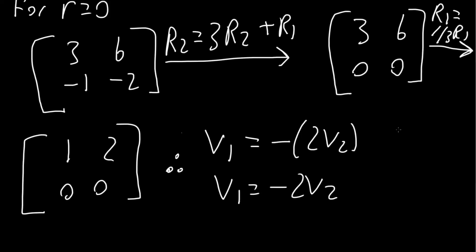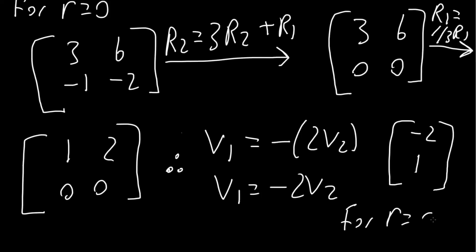And so our eigenvector would be, we plug in a value for v2. If v2 is 1, then v1 would be -2. Or you can think about it this way, if v1 is -2, we divide by -2, we get v2 would equal 1. And so this is our eigenvector for r is equal to 0.